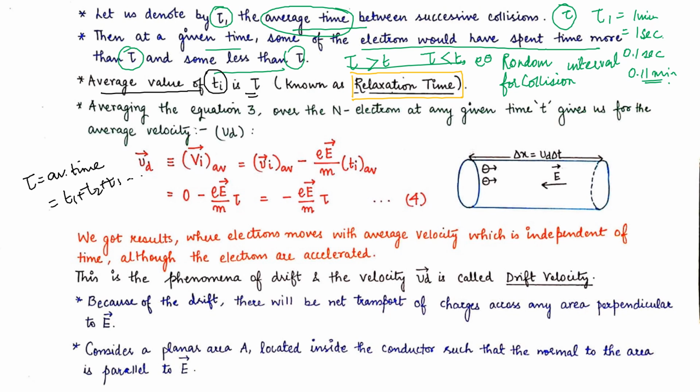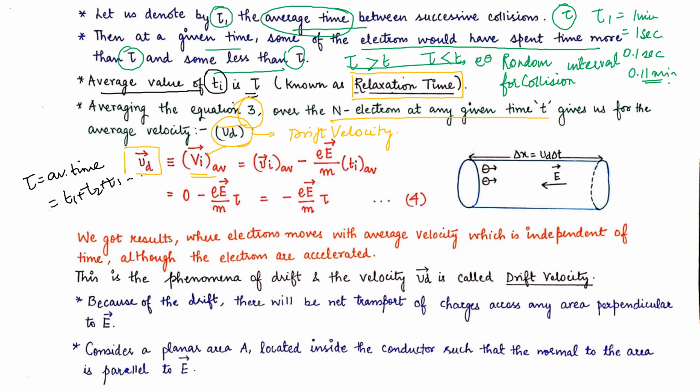Now averaging equation number 3 over the n number of electrons at a given time t gives us the average velocity Vd. This is the average velocity, that is our drift velocity. So this is given as Vd equals Vi average.